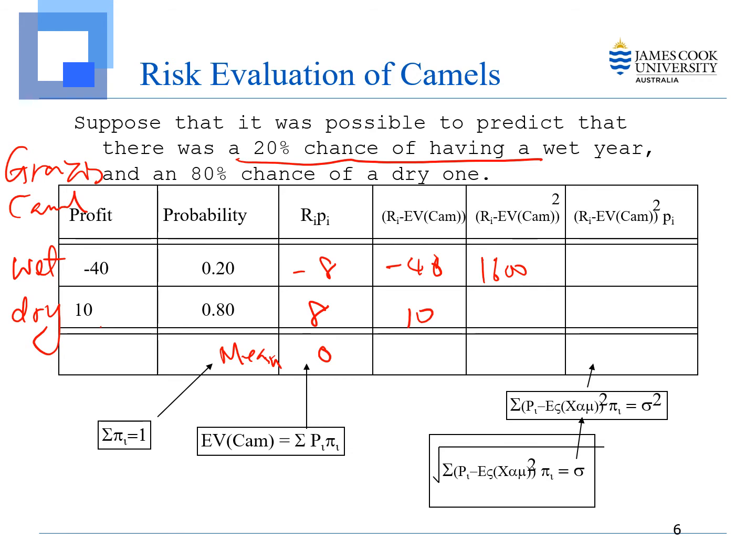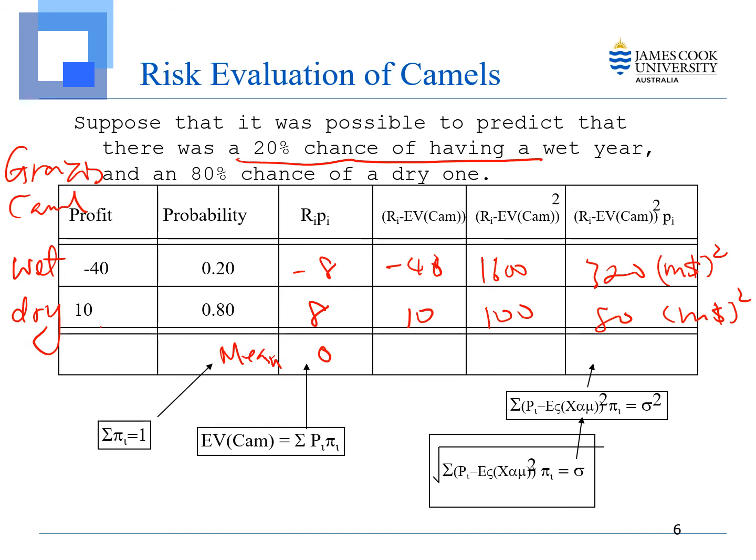and $100 million square, weighted by its probability, so $320 million square and $80 million square.